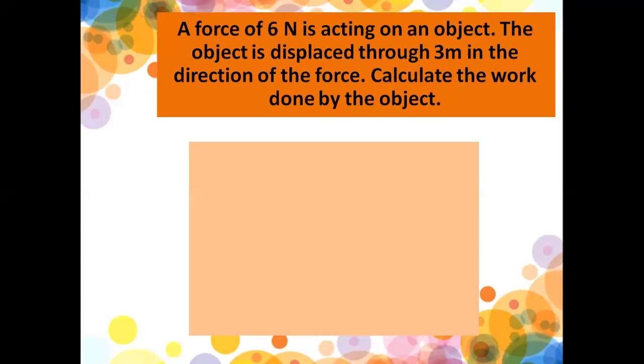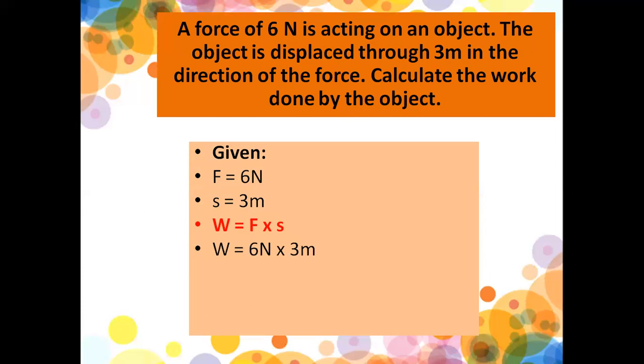So we'll write down what we are given. Force 6 Newton. Displacement 3 meters. Now we'll write the expression for work done by the object, that is W equal to force into displacement. Force we know is 6 Newton and displacement is 3 meters.